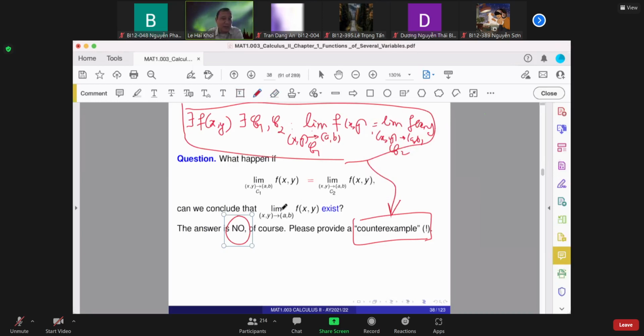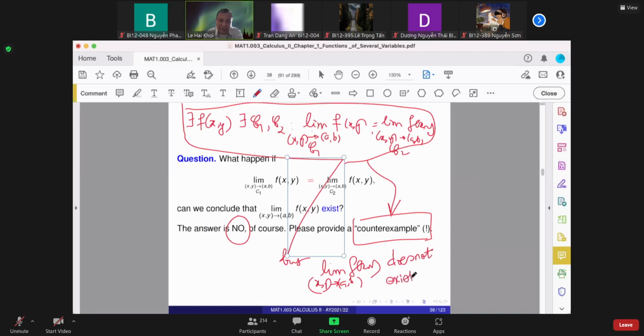We cannot say that the limit exists, but the limit of f(x,y), (x,y) tends to AB, doesn't exist. So this is what you have to do.